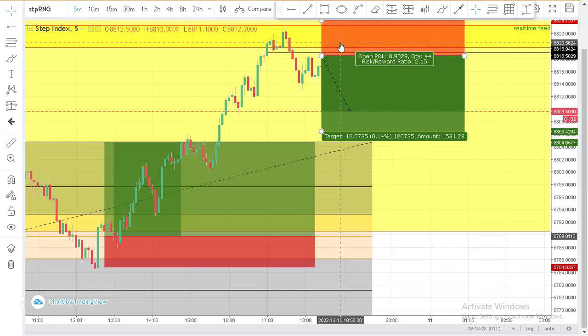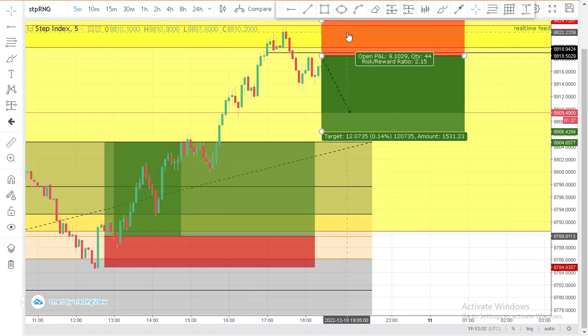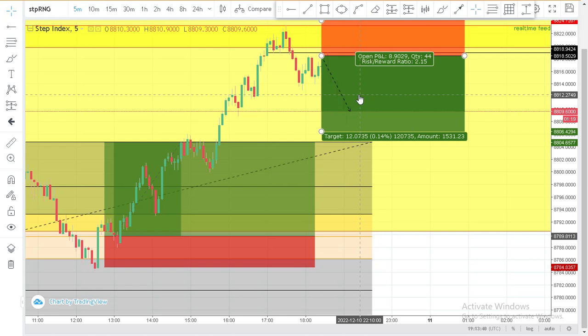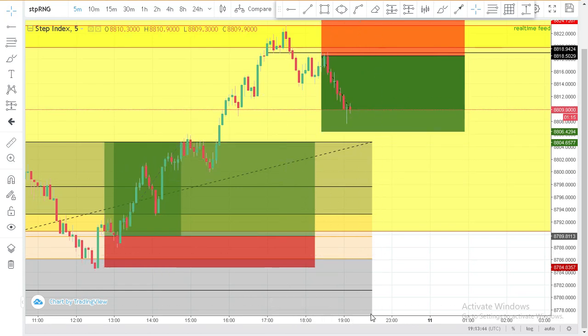And another thing, guys, if price reaches this level, that would also show that buyers are in power and sellers are failing to push the market down. So it's very easy, it is easy like that.